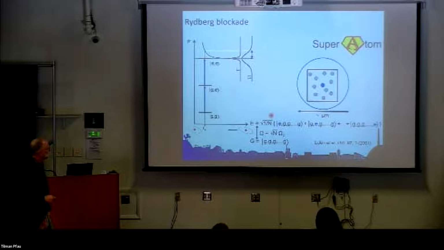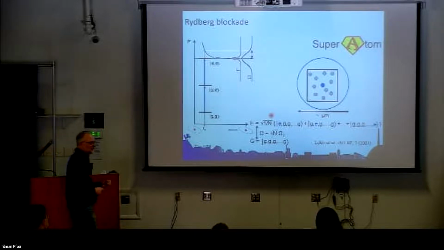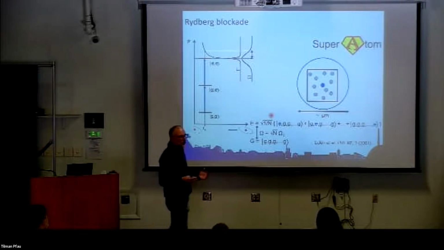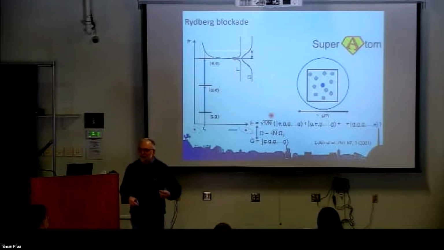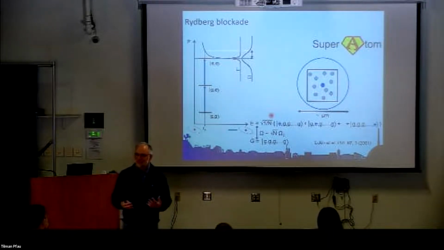It provides you with the concept of a two-level atom, although you don't have perfect control over the 1,000 atoms inside the vapor cell. It actually does not require cold atoms at all. You can do it at room temperature. That's what we are going to do.